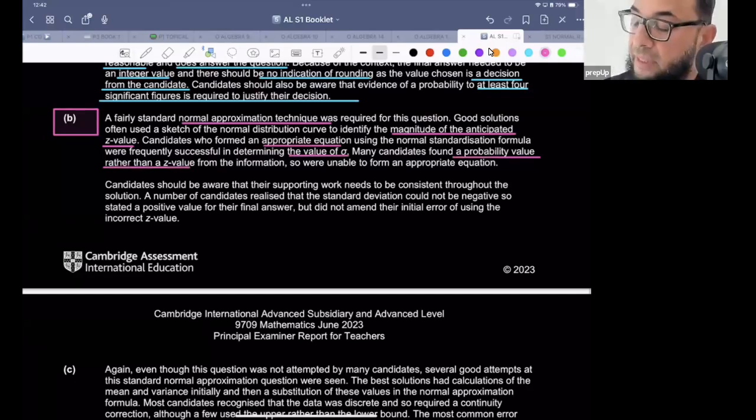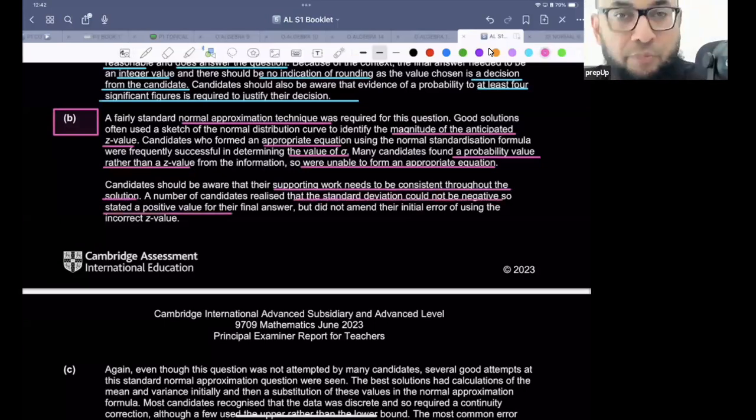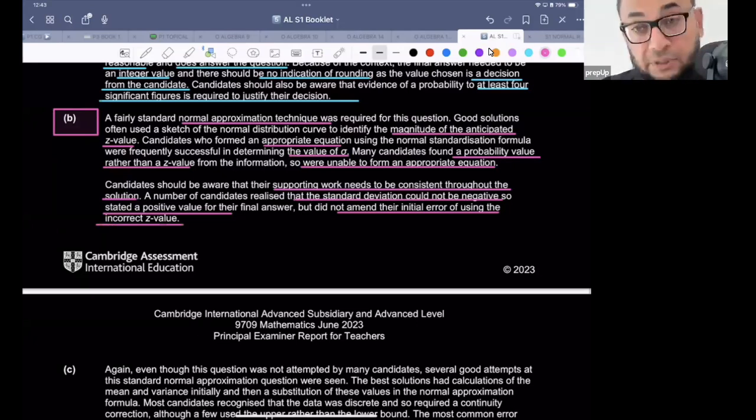This is a mistake from the information, so they were unable to form an appropriate equation. Candidates should be aware that the supporting work needs to be consistent throughout the solution. A number of candidates realized that the standard deviation could not be negative, so stated a positive value. That is again a mistake. I mean, it was not coming out to be negative. They just had to be aware that the Z value was negative. That negative cancelled out, but did not amend the initial error of the incorrect Z value. So a lot of lessons need to be learned in life.